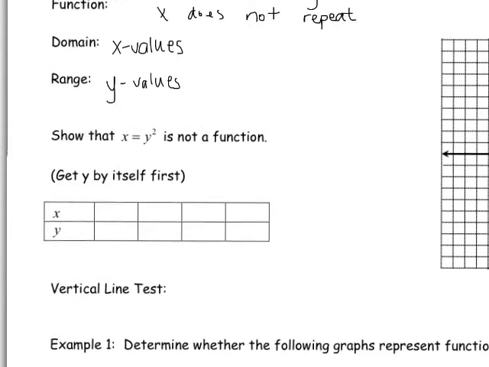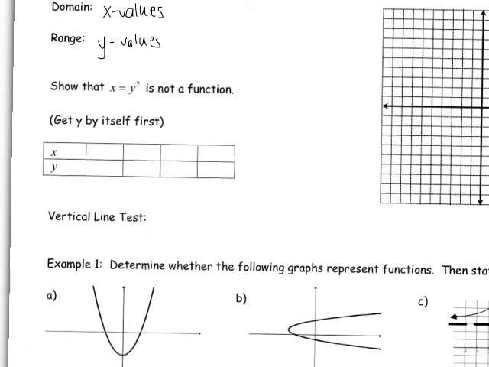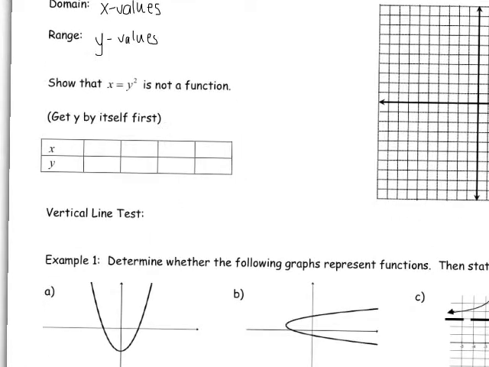So before we start, let's go ahead and just show that x equals y squared is not a function. I'll just give you an x value that shows that. So an x value of 4. If you plug in a 4 right here, what is a possible y value that would get you that?